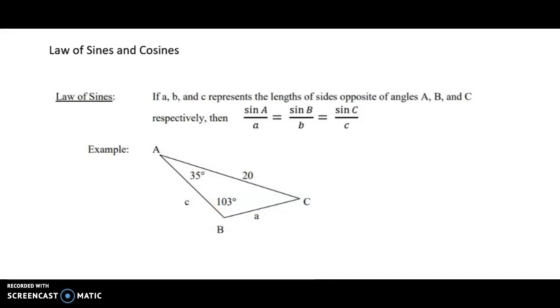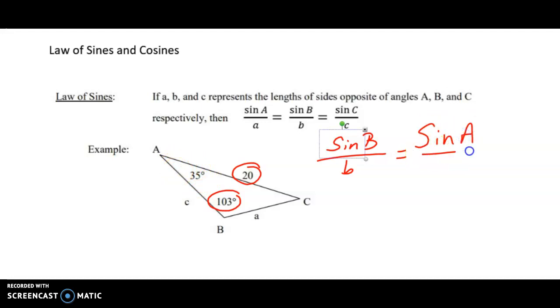So here's an example. We have an angle here and its opposite side, so we can definitely use the law of sines. The angle that we have is angle B. So we're going to set it up as the sine of B over side B equals, and then if I want to find side A, I have angle A, so I'm going to set it up as sine of 35, or sine of A over little a.